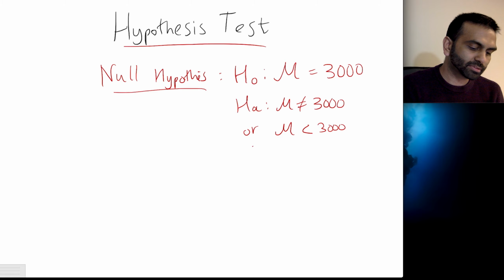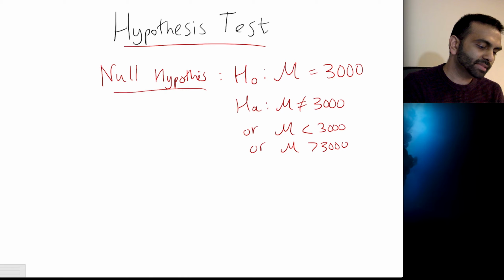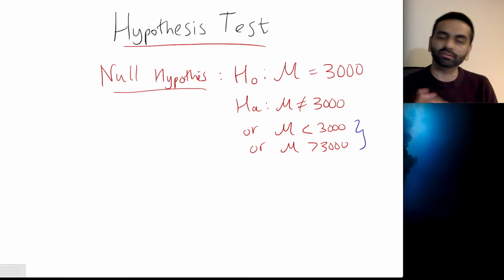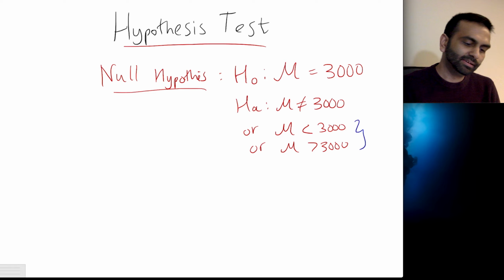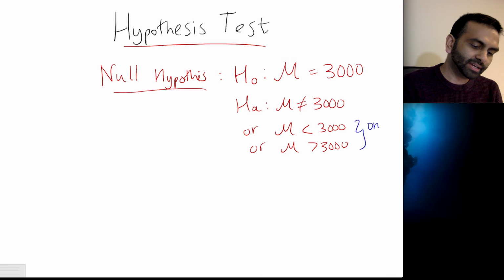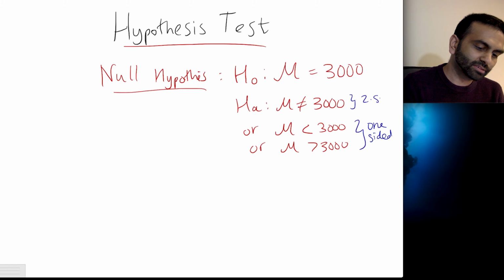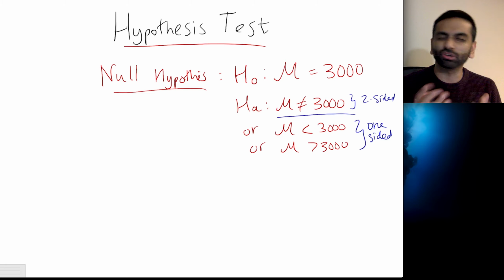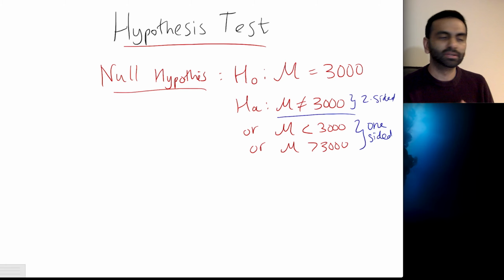Or, of course, it might be that it's greater than 3,000. And so these are called a one-sided test because you just want to test if it's one-sided, left or right, versus not equal. Then you're testing, is it greater than or is it less than? These are called a one-sided test versus this is a two-sided test. So whether it's one or two-sided is strictly just based on what your alternative hypothesis is.